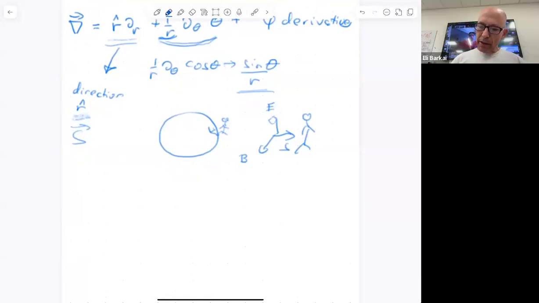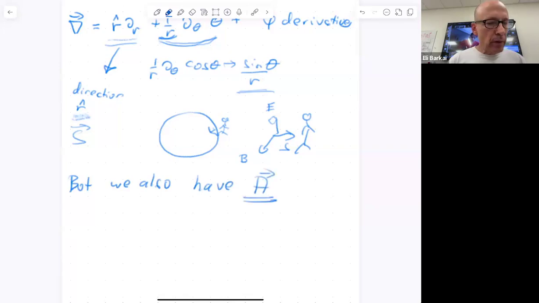So in this argument that I just hinted, I didn't do the calculation because we don't have time, but we also have A. And in the previous class, I told you what gives, for example, the electric field: both A and V. A, you take the time derivative.